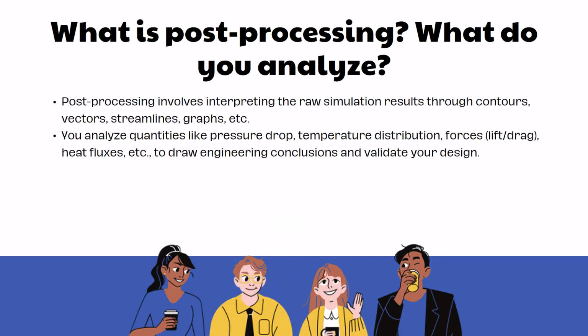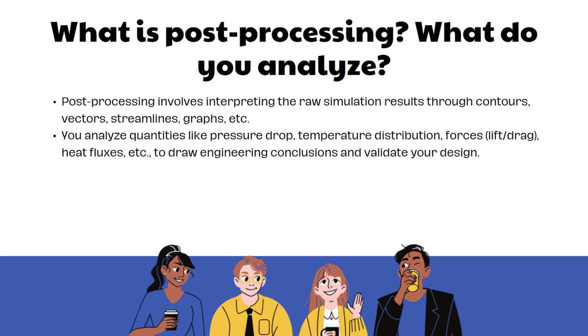Next is, what is post processing and what do you analyze? So in the post processing, we interpret our results. So whenever our solution is converged, we want to analyze how my velocity or pressure or the temperature is varying in the domain. So how my flow is traveling from one point to another, I can study that using streamlines.